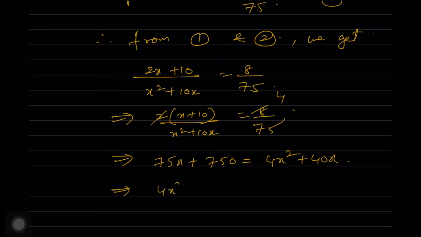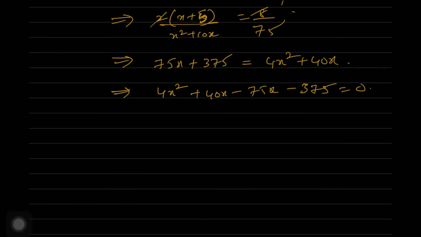So which implies 4x square plus 40x minus 75x minus 375 is equal to 0. We took out 2 common.